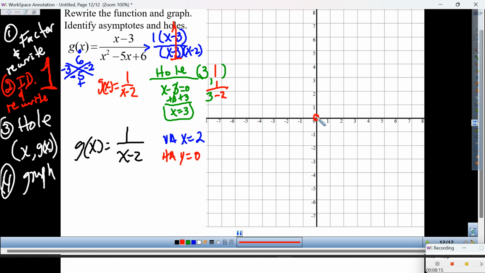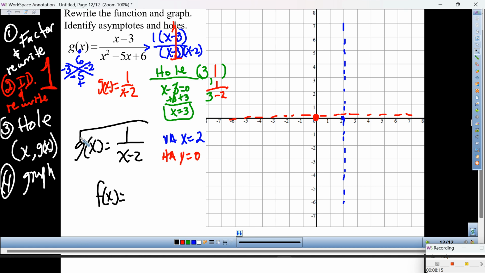Okay. Two. So to graph our function, the parent function for this, look up, this is what we end up with.